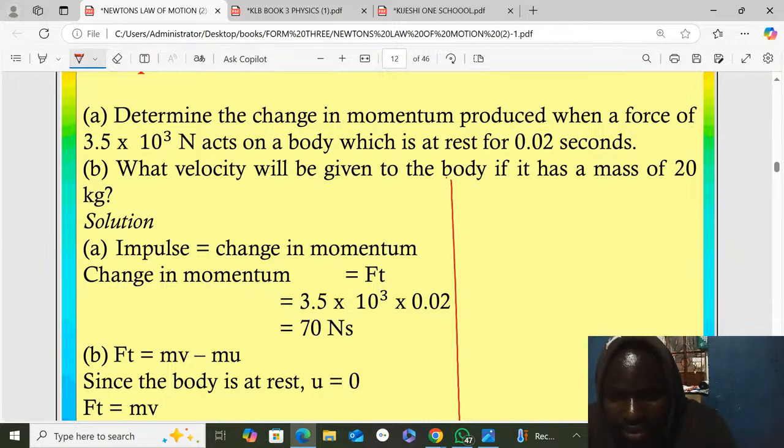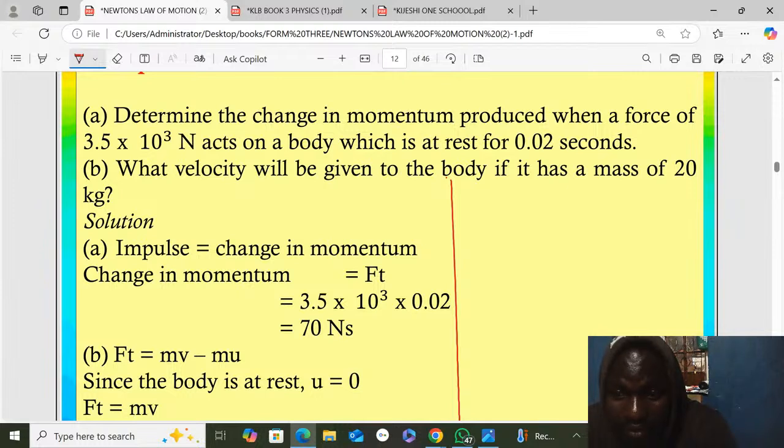What velocity will be given to the body if it has a mass of 20 kilograms? We have the force and we have the time t, so that gives us impulse.